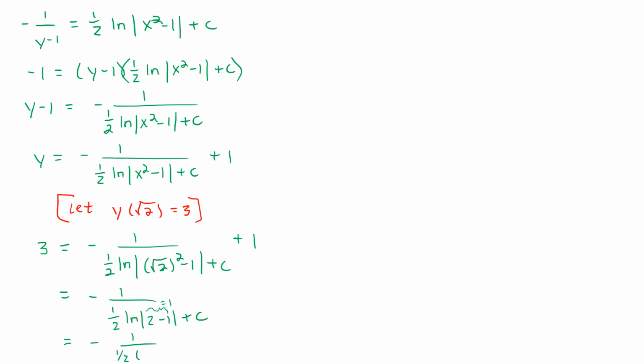The natural log of 1 is 0 plus c. And then we still have plus 1 on the outside here. So then 3 equals negative 1 over c plus 1. Subtract 1, so 2 equals negative 1 over c. And so c equals negative 1/2.